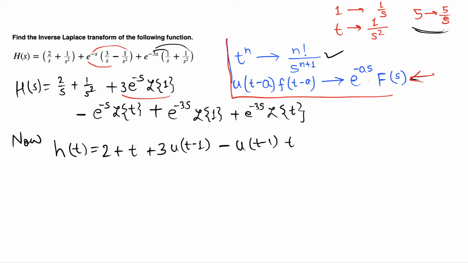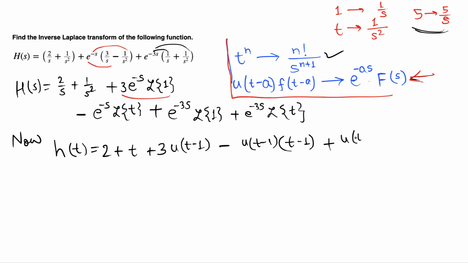So u(t minus 1), that's the unit step function, times t minus 1 as a factor. Don't multiply t minus 1 and t minus 1, they are together, but this is u(t minus 1) times (t minus 1), plus same thing.